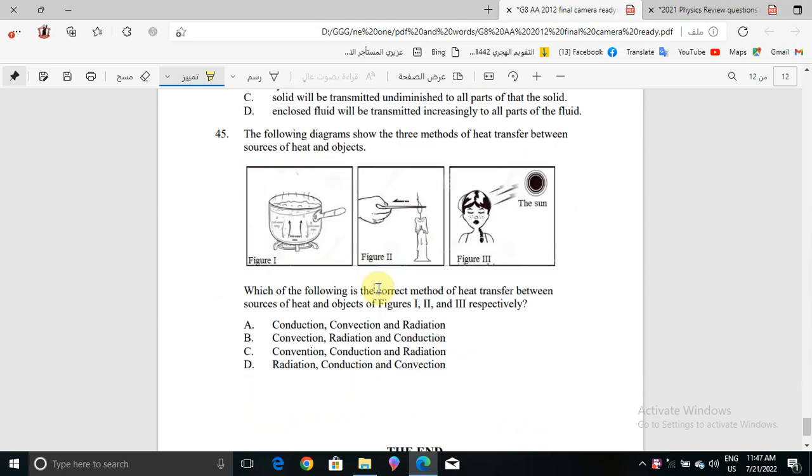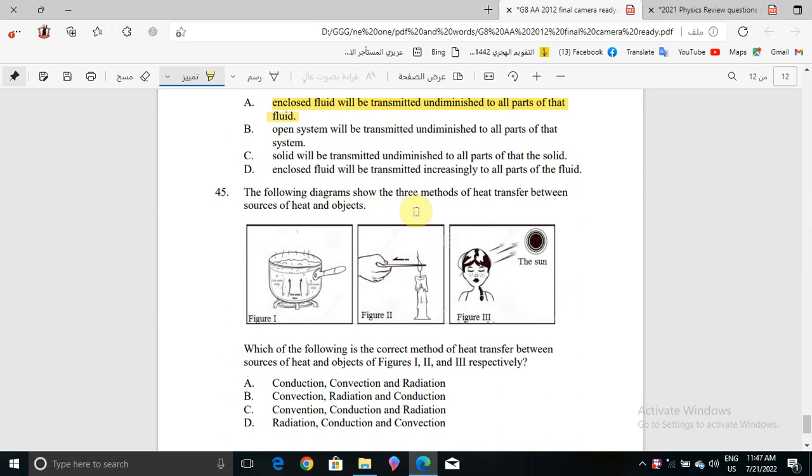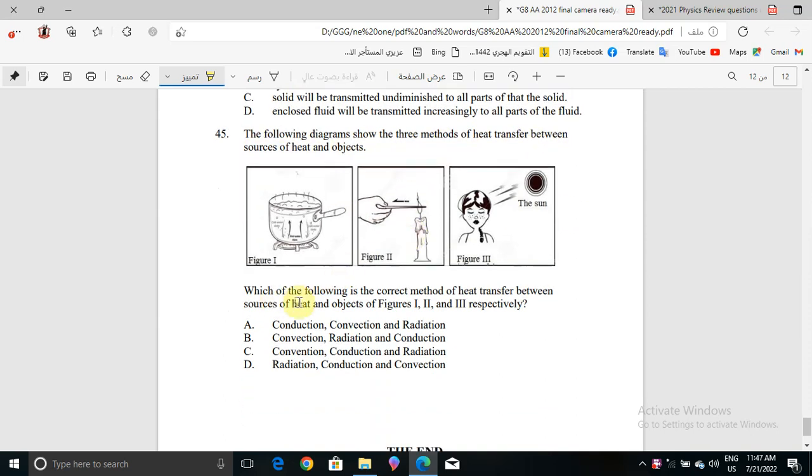Now question number 45. The following diagrams show the 3 methods of heat transfer between sources of heat and objects. Which of the following is the correct method of heat transfer for figures 1, 2, and 3? Here is figure 1, figure 2, and figure 3. Here it's a kettle and it's convection, right? Here it goes through the neighboring particles, so it will be conduction.